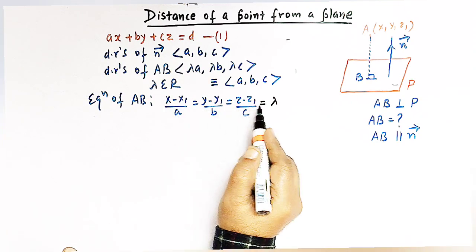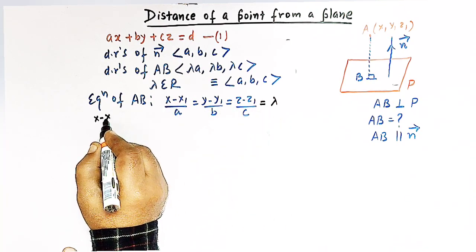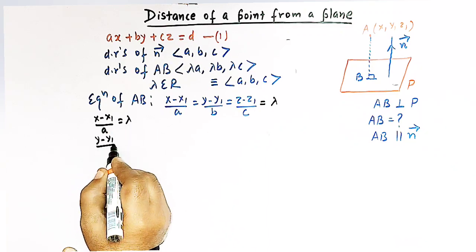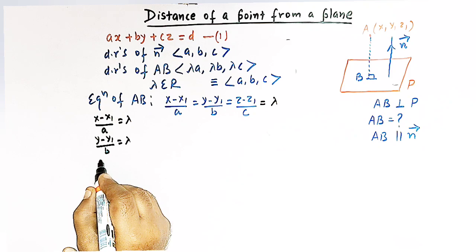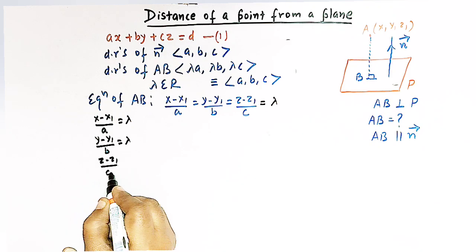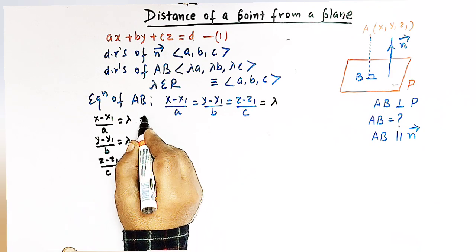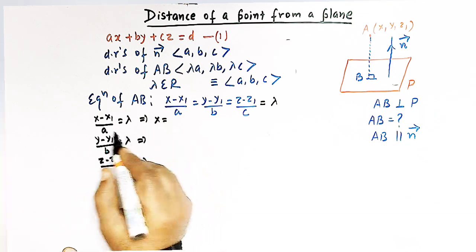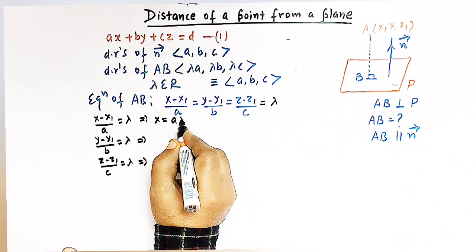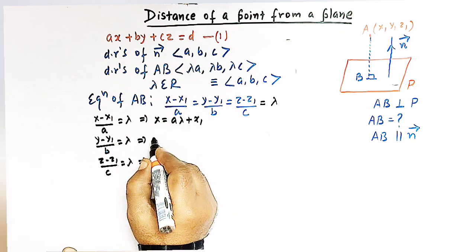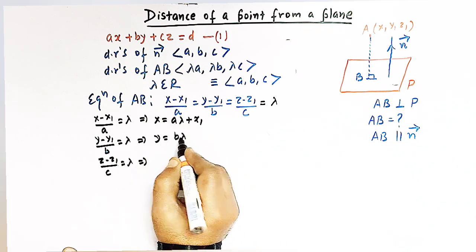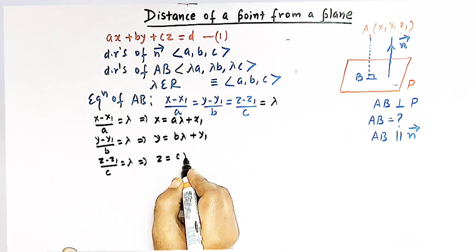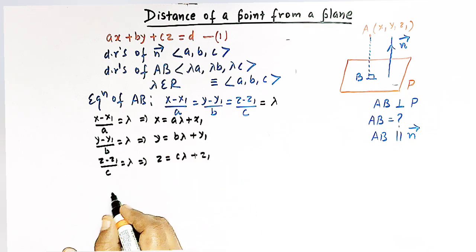So let us form three equations, that is (x minus x1) over a is equal to lambda, (y minus y1) over b is equal to lambda, and (z minus z1) over c is equal to lambda. So from these three equations, we can now write x is equal to a lambda plus x1, and y is equal to b lambda plus y1, and z is equal to c lambda plus z1, right?